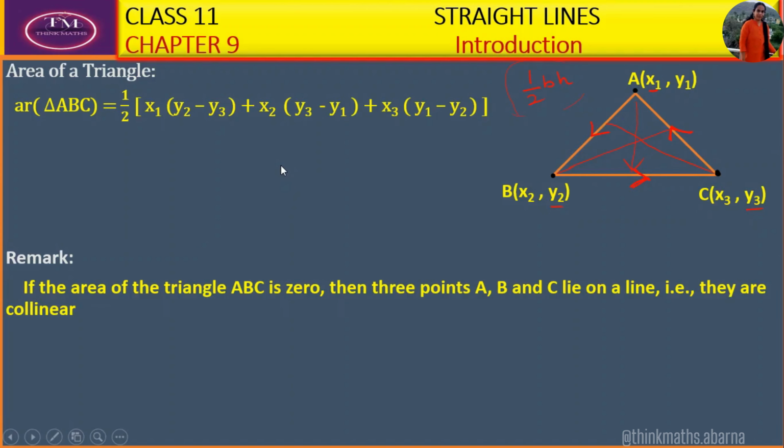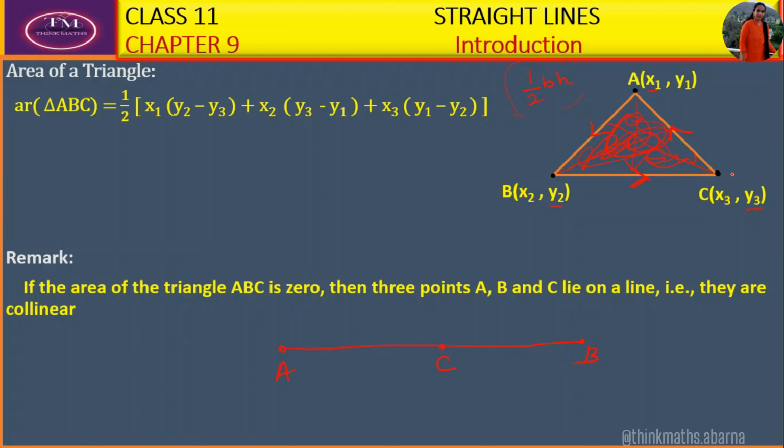In the special case that the area of the triangle is 0, there is no area here. If there is no area, that means the points A, B and C will be in a straight line. All these points will be in a straight line.